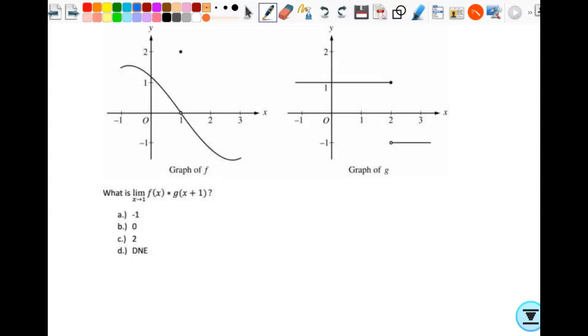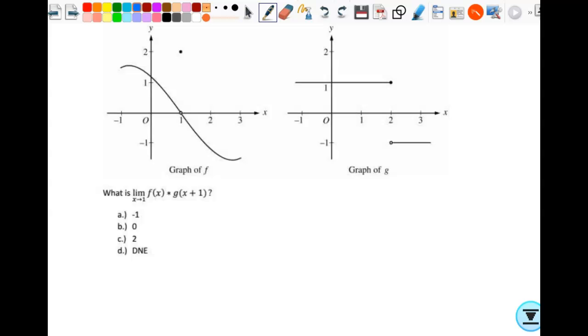The limit as x approaches 1 of f of x times g of x plus 1. So the limit as x approaches 1 of f of x is 0. But the limit as x approaches 1 of g of x plus 1 does not exist, right? You see that? Because when I add 1, I'm actually at 2 right here, right? So that's when we have to do the limit from the left and the limit from the right.